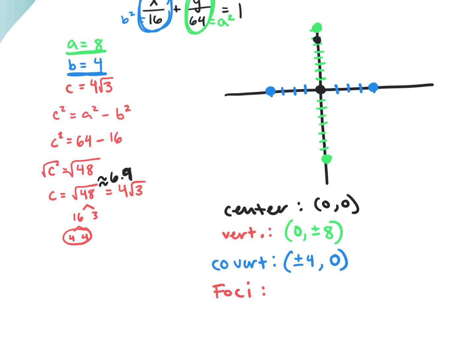And then down 6.9, so almost to negative 7 there. So those would be our foci. So our foci would be 0, comma, plus or minus 4 square root 3. And then we can draw our ellipse. So I'm just going to connect the dots with my vertices and covertices. We're just going to draw our oval here.